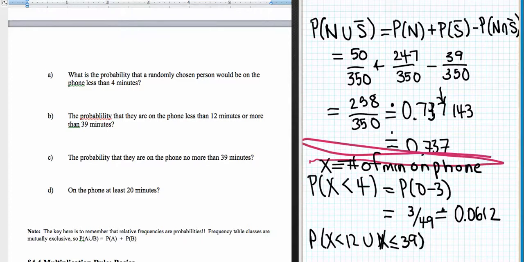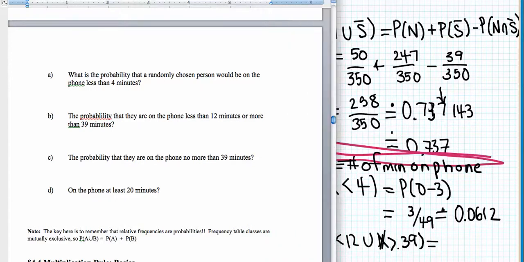Now it's really important that, oops, sorry, I read part C. That one actually is more than 39. So we're going to go for more than 39. So part B, less than 12 or more than 39.